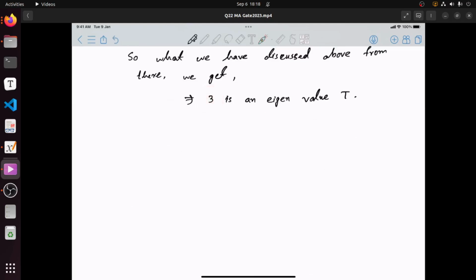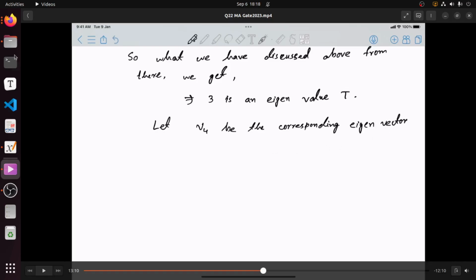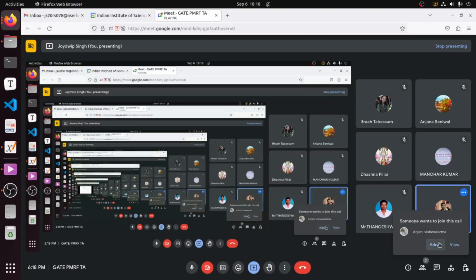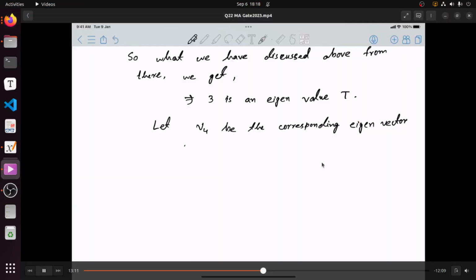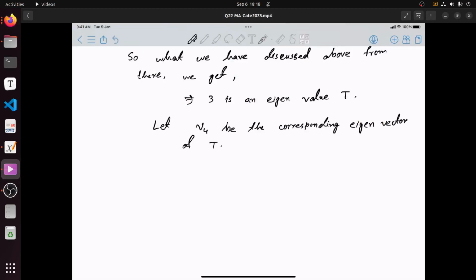Right. So let V4 be the corresponding eigenvector of T. Eigenvector of T means that T V4 equals 3 V4, right?